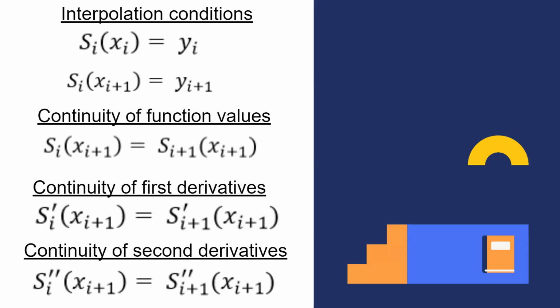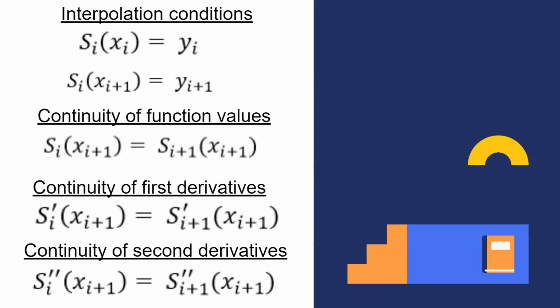Next, we will also impose continuity conditions to ensure smoothness between adjacent intervals. The continuity of function values is defined as Si(xi+1) = Si+1(xi+1). Continuity of first derivatives is given by Si'(xi+1) = Si+1'(xi+1).